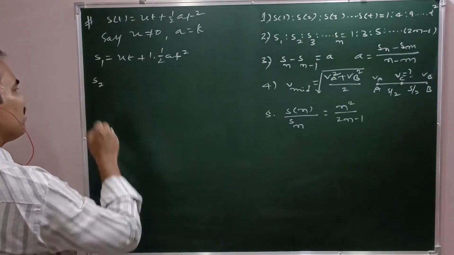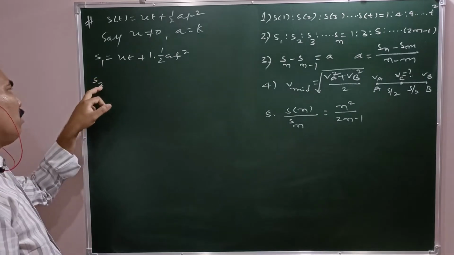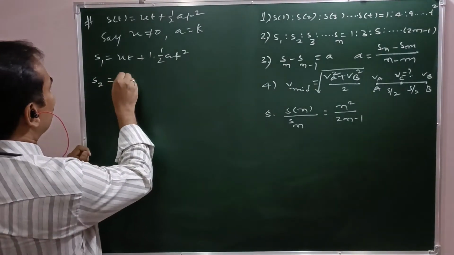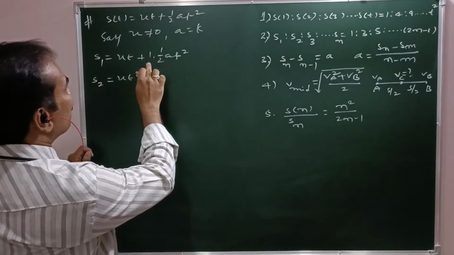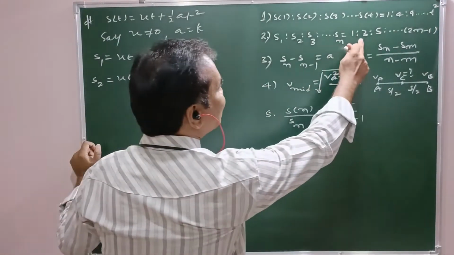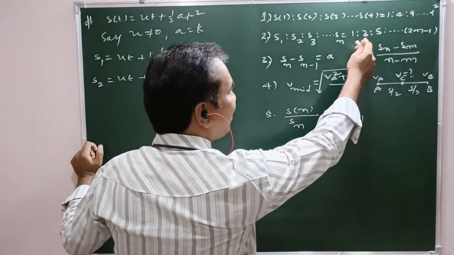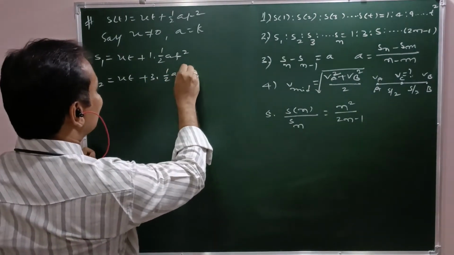In the next t seconds, the distance covered, s2 equal to ut plus, after 1, what is the value here? 3. 1:3:5 and so on. So the second value is 3, that is 3 times half at square.